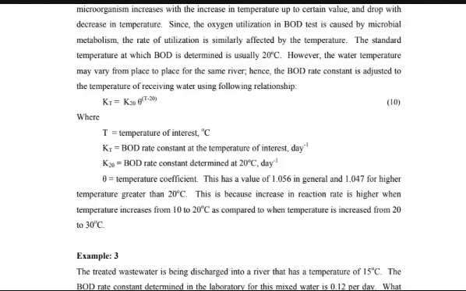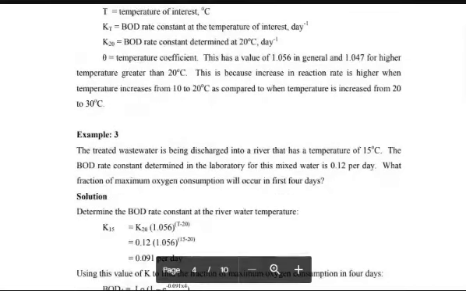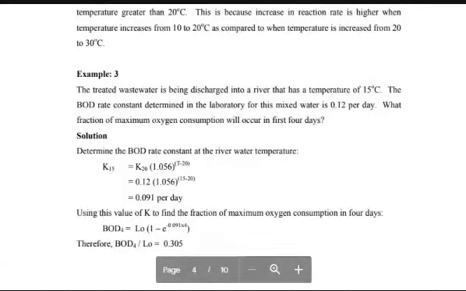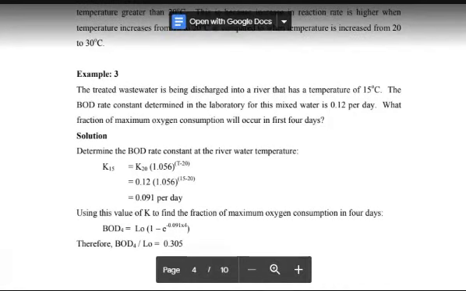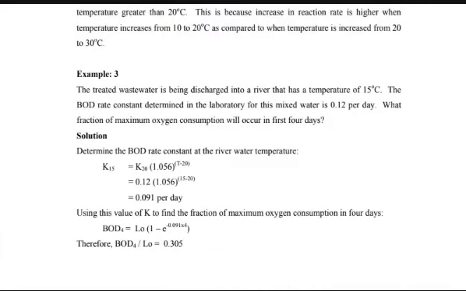Fine. Now let's see this example and see what the data is, what the statement of the numerical is, and what we have to calculate. You can even note down that numerical. The treated wastewater is being discharged into a river that has a temperature of 15 degrees Celsius.